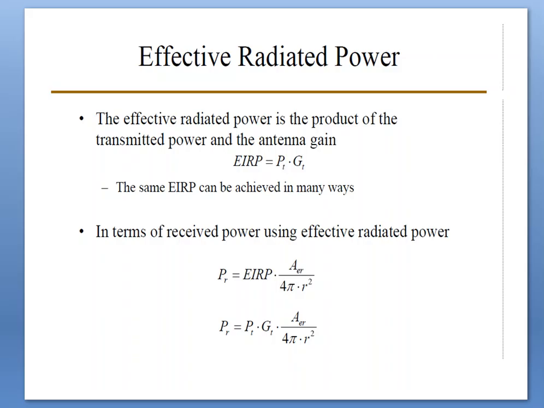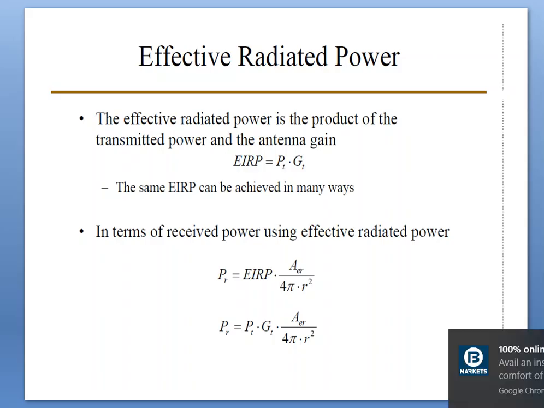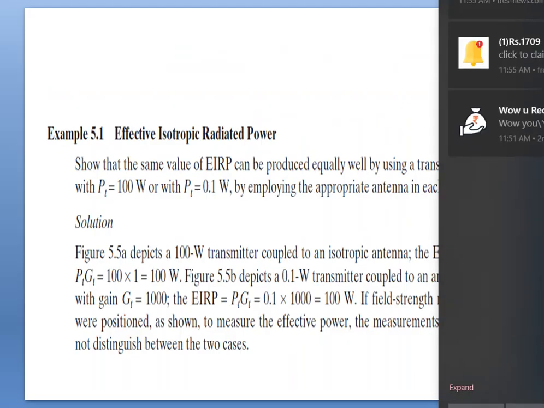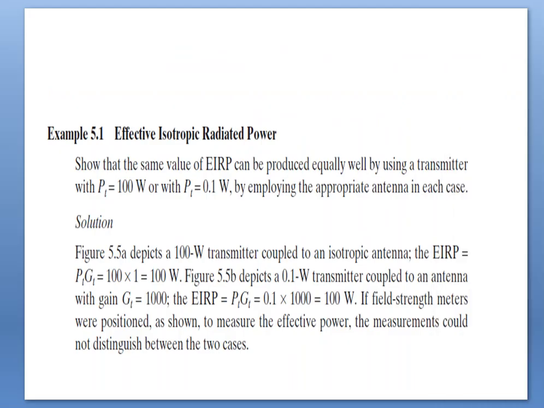In gain, G is equal to 4 pi AE by lambda squared, where lambda is the wavelength, F is the frequency, lambda equals C by F, and C is the speed of light. So before deriving the received power, we have to calculate the effective isotropic radiated power with an example.